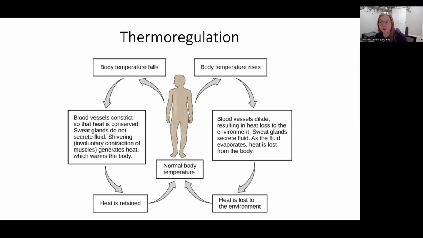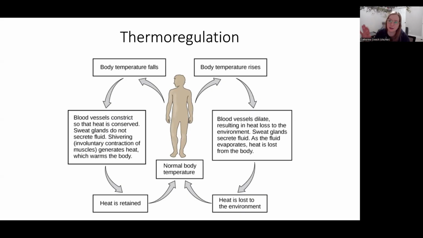We have an internal thermostat that we use in thermoregulation as an endotherm. And this is a good example of homeostasis, which will be our last topic of the lecture. So we'll get into it in more detail. But in general, your body has a set point of temperature. For humans, it's about 98, which isn't actually true. It's usually like 96 for most humans. And as your body gets warmer, as it's hotter outside, or as you're moving your body, your physiological responses are going to help cool you down.